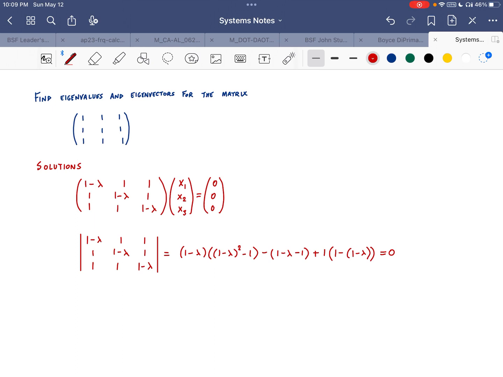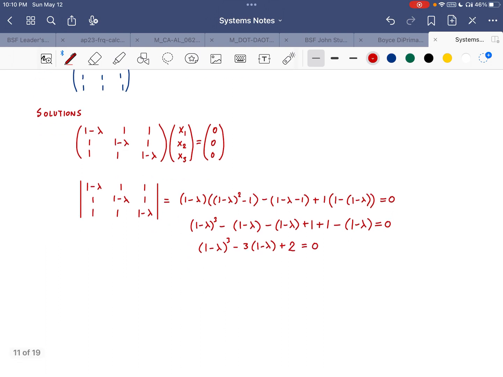So we'll do a little cleanup here. That's (1 minus lambda) cubed. I don't know if this is the best way to do this. What I'm doing here is distributing this to this and this, and so on. So then minus (1 minus lambda) plus 1 plus 1, 1 minus lambda. I don't know if grouping things in this way actually benefits me. Okay, whatever, we'll just expand this out.